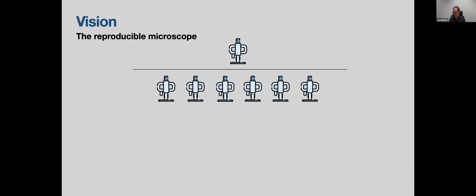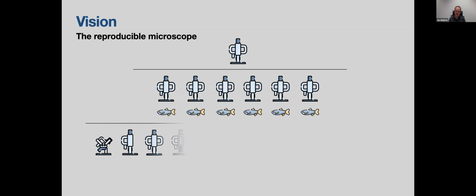So having many has a big value. And of course, it can increase your throughput. And if you are thinking about a lot of problems in developmental biology where you need high N, where you need to image a lot of samples, you also need many microscopes.